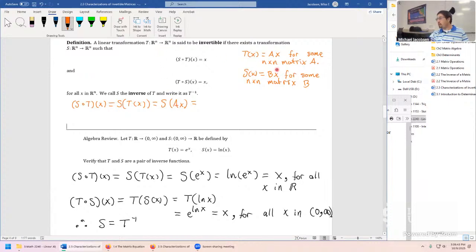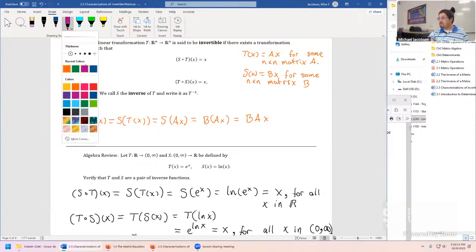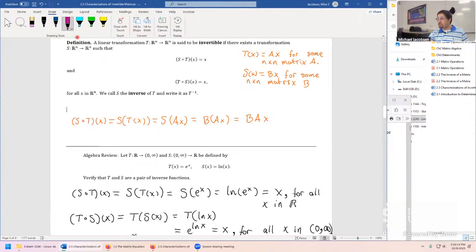So it's playing the role of where that X would be when we use the mapping S of X. This turns into B times A times X. And this gives us an interesting, important way to think about matrix multiplication. Matrix multiplication can be viewed as just a composition of linear functions. So this is B times A at X. And that's, again, a pretty interesting view of what matrix multiplication is doing.